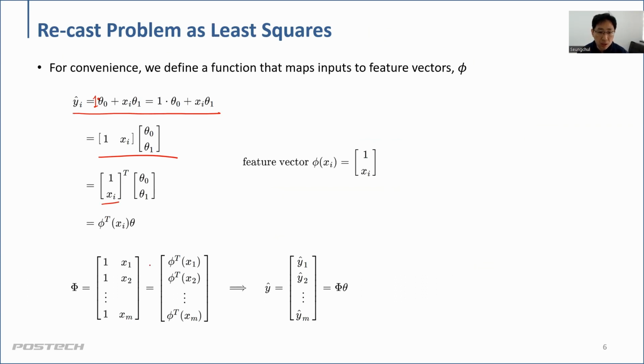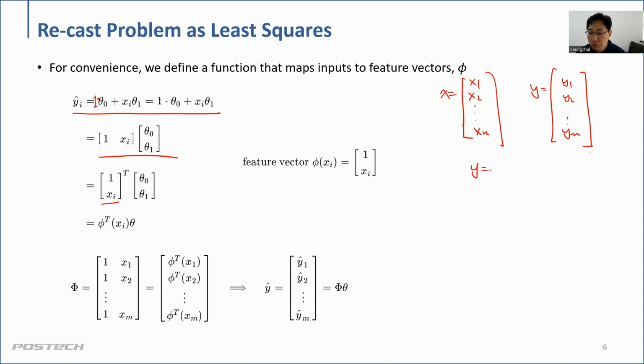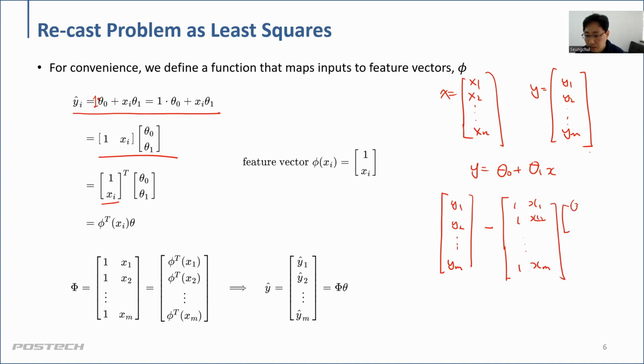Suppose we have x as x1, x2, up to xn, and y as y1, y2, up to yn. I minimize the matrix with rows 1 x1, 1 x2, up to 1 xm, times the unknown parameters, against y.